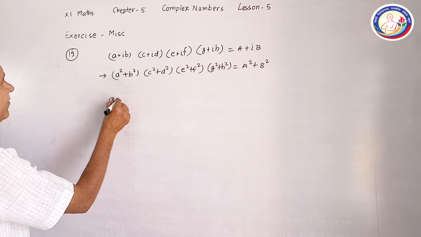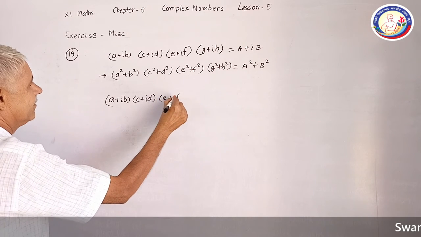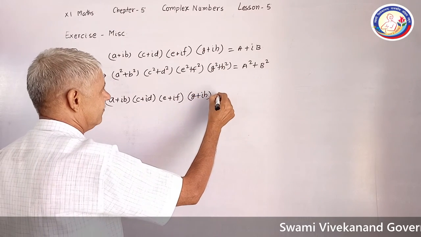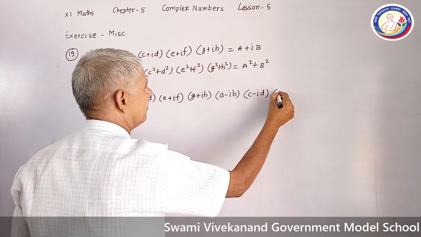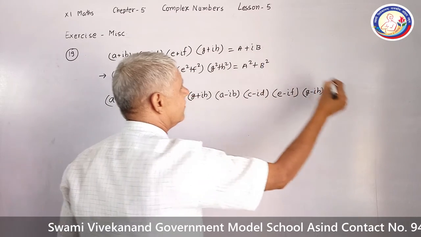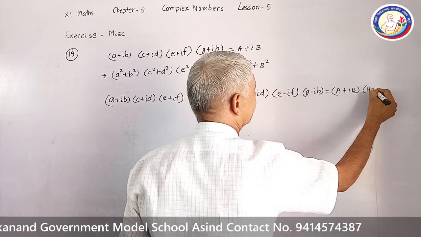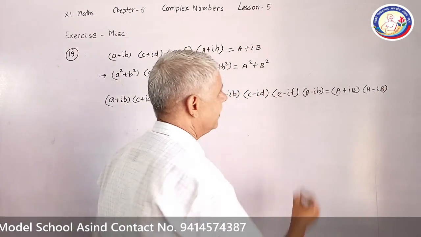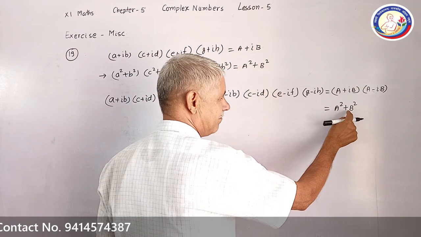So A plus iota B, C plus iota D, E plus iota F, and G plus iota H, multiply these respectively with their conjugates: A minus iota B, C minus iota D, E minus iota F, G minus iota H, and here A plus iota B will be multiplied by A minus iota B. So on right hand side we will get A square plus B square, and this was the point.